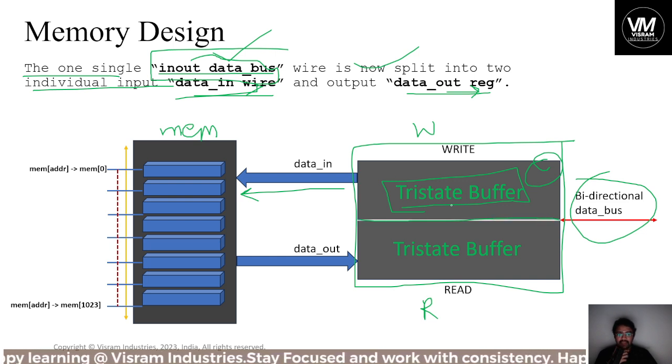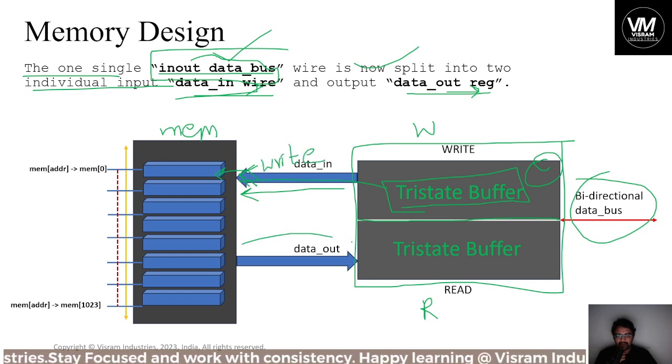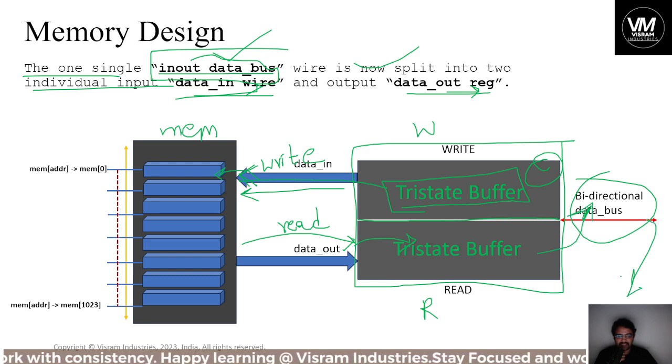It is taking the data in, sending data into the memory, so it is write, and data collected from the memory, it is read, is sent to the tri-state buffer. The tri-state buffer is connected to the bidirectional data bus, and this bidirectional bus can be connected to some other module in the architecture.